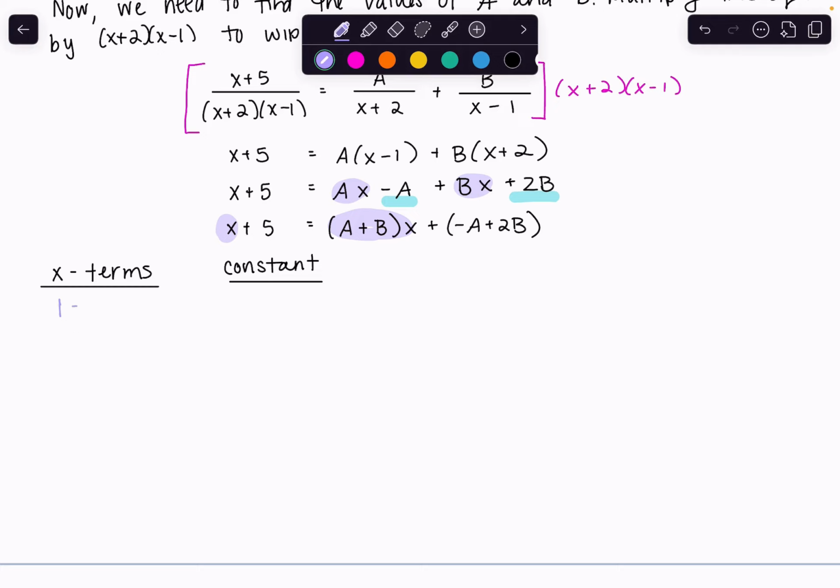So that tells me 1 should equal a plus b. Then looking at my constants, we have 5, and then that's the constant on that side. So 5 should equal negative a plus 2b. So you end up with a system of equations that you would have to solve.